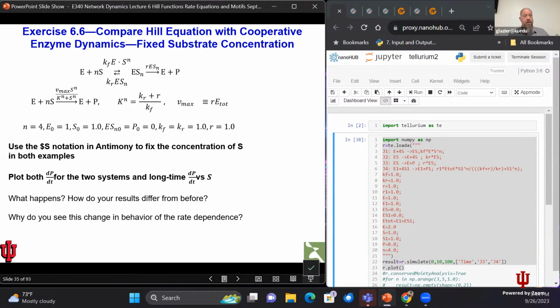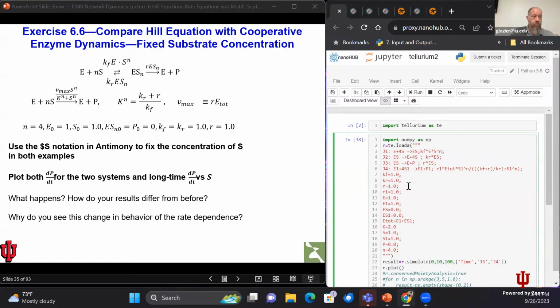And so it only makes sense to ask this question if we fix the amount of substrate. So the next thing that we need to do is to fix the amount of substrate and run it again. And we have to do that twice because we have to fix both the amount of substrate for the two different reactions. So try that.